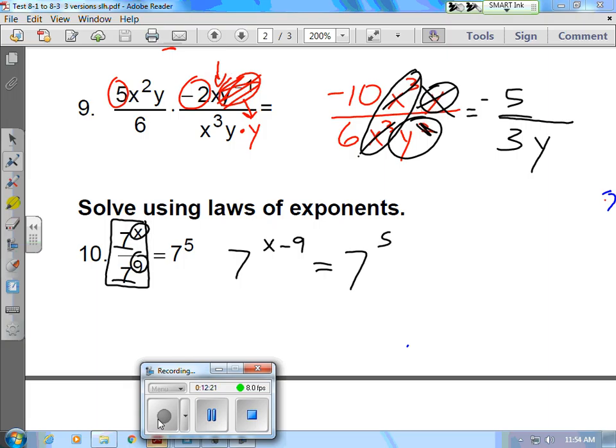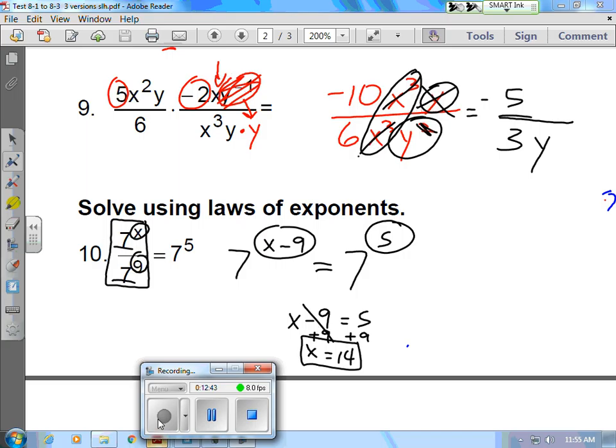So what does x have to be to get the same numbers in the top? 14 minus 9 is 5. The other way, you can come down, and if you can't do that in your head, you can set up an equation with the exponents, add 9 to both sides, get 14.